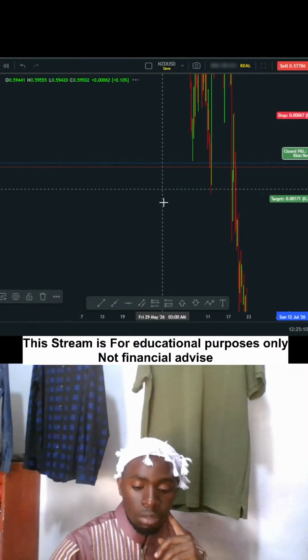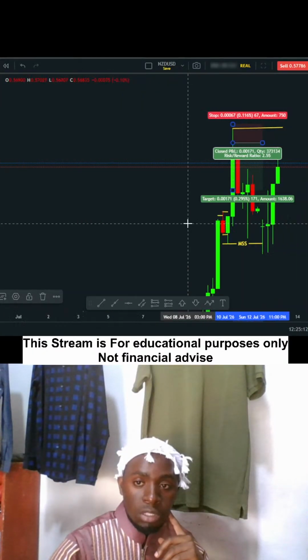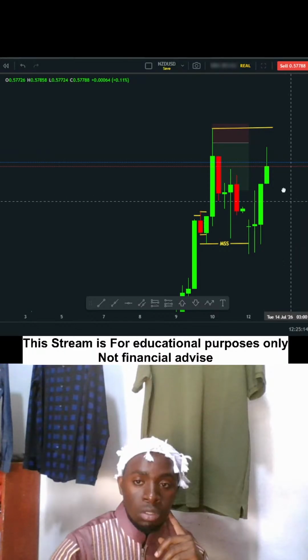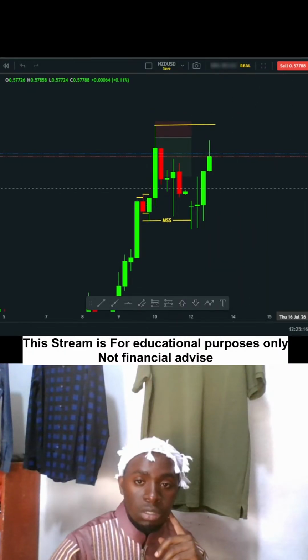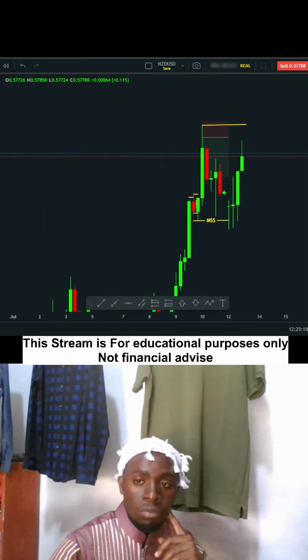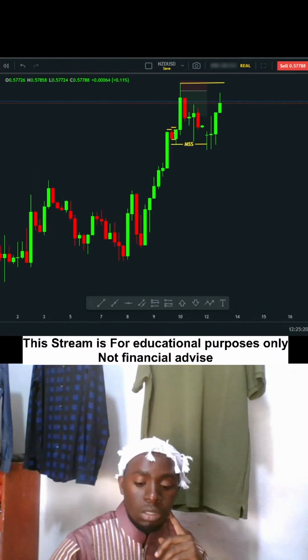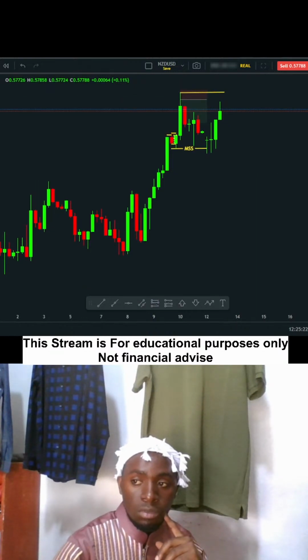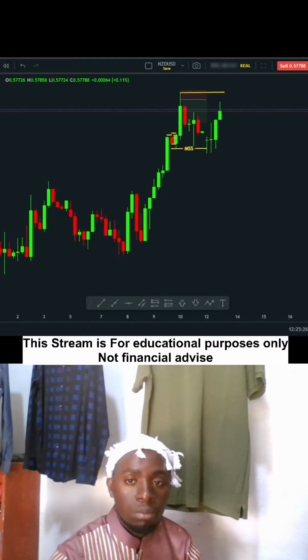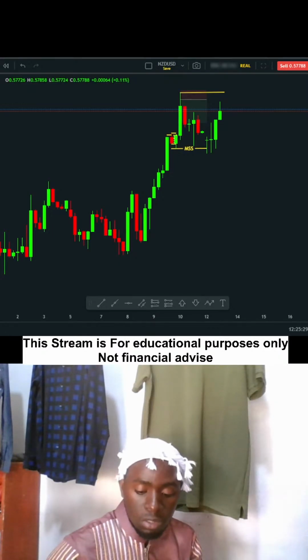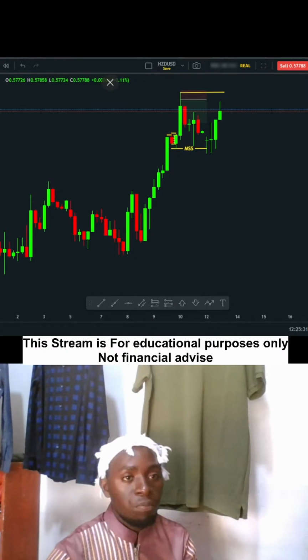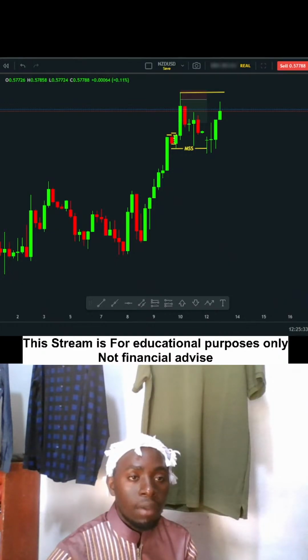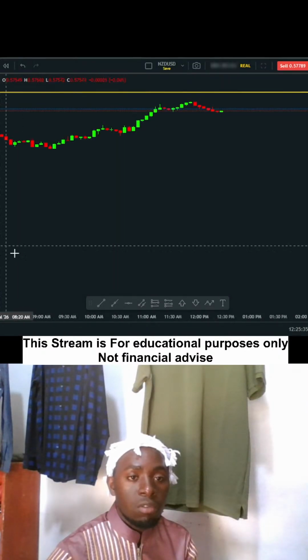Let's see what we have. Would I have taken this entry? Oh man, I would have taken this entry. I would be trading in a bullish market. Oh man. But for some reason it worked out anyway. It did work out. Not the best entry though.